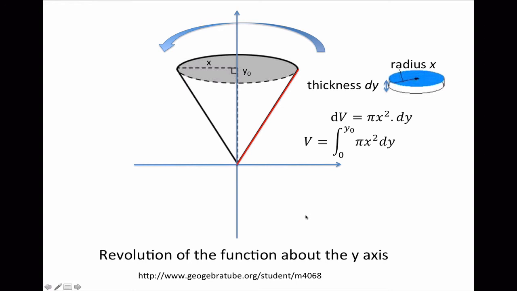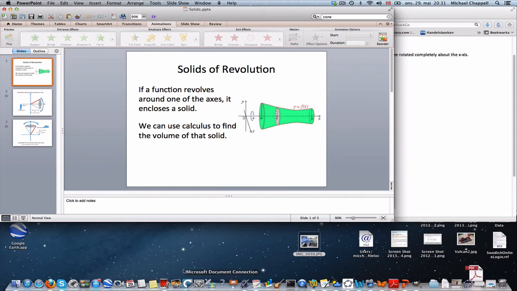Now, we're going to go to this GeoGebra demonstration and see what we can do with much more complicated functions than just these linear ones I've shown you. This was useful just to get the principle, but it applies to quite complicated functions which give far more interesting shapes than just a cone. So let's have a look.